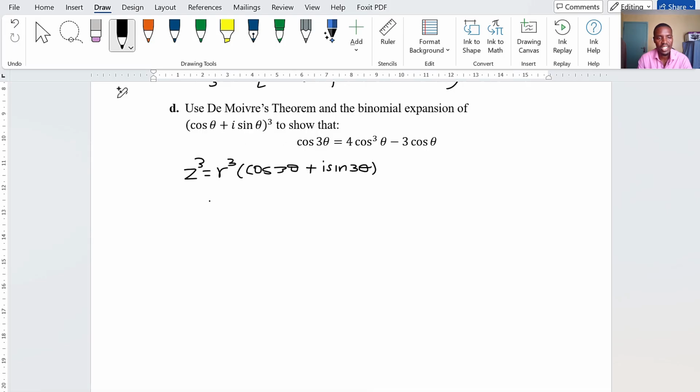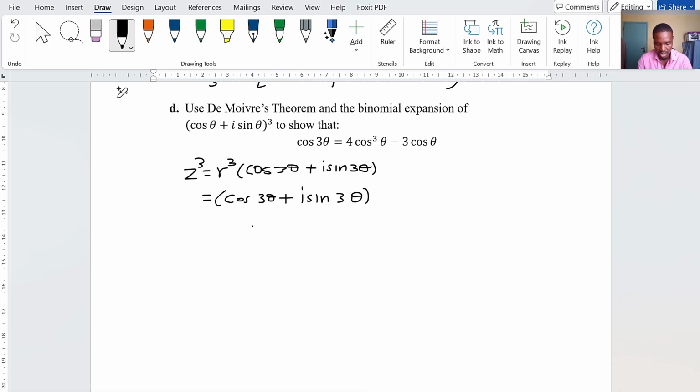We were not given r, so it is 1. So the answer is just cos 3 theta plus i sine 3 theta.